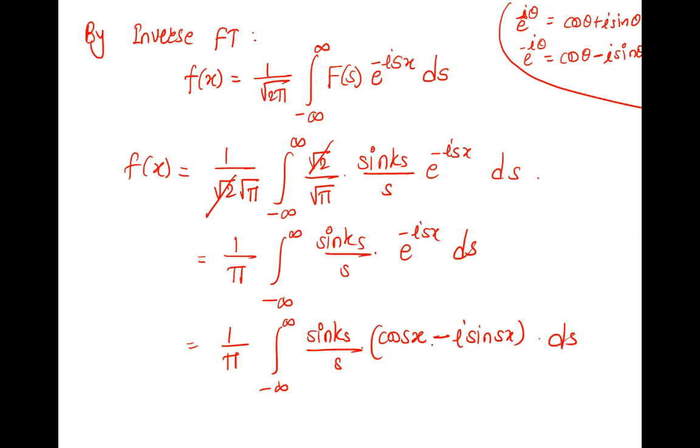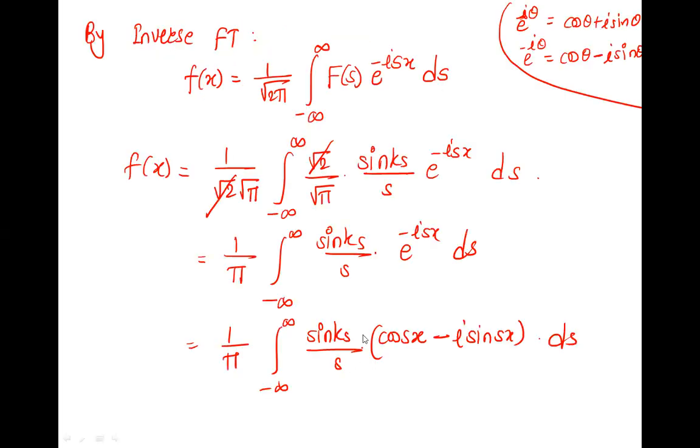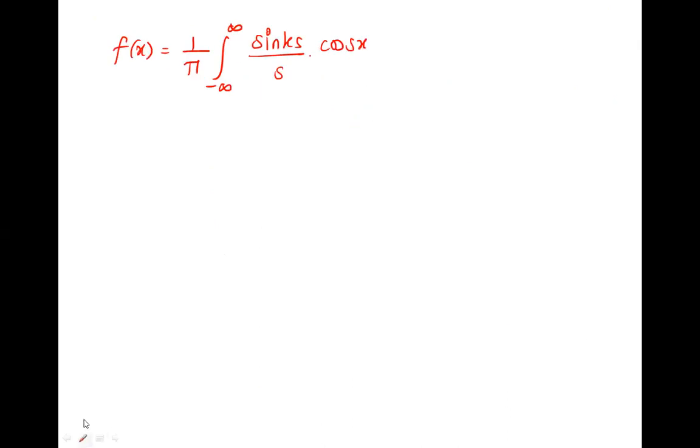Now this will get multiplied with this and with this. The integration gets separated with the subtraction. So the next step will be, can you just tell me, f of x is equal to 1 upon pi integration minus infinity to infinity sine ks upon s into cos sx ds.